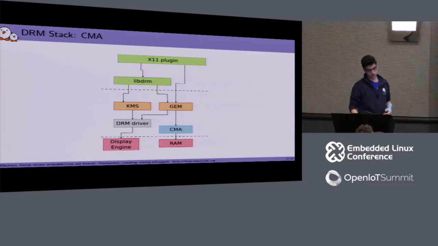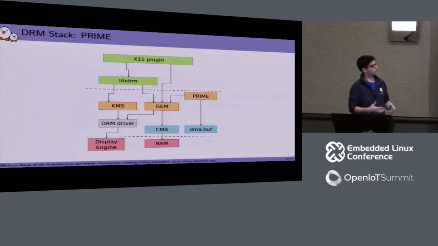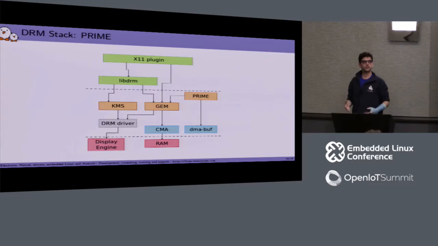In which case, you have a framework that is already able to do that in Linux, which is called DMA-buf. And you have another glue on top of DMA-buf that comes in with the ARM, which is called Prime. And it's also the name of the interface you want to interact with when you are in user space.